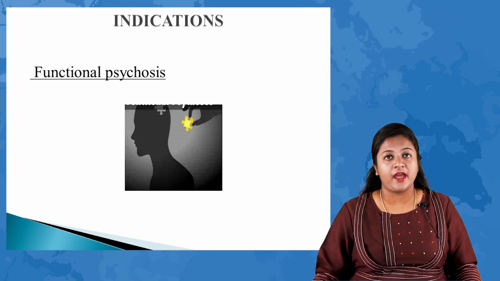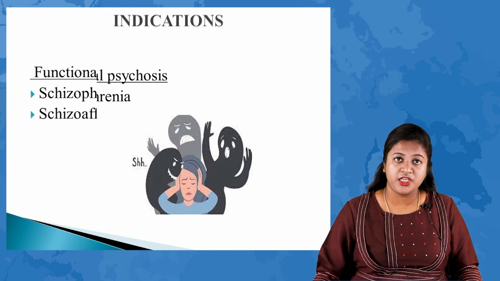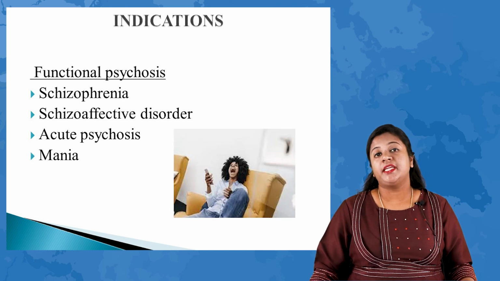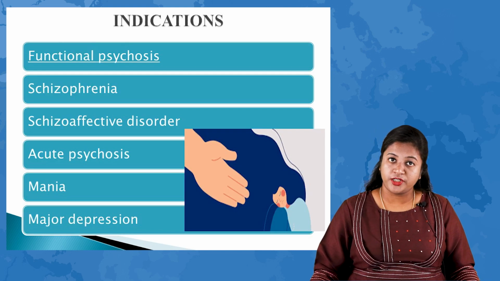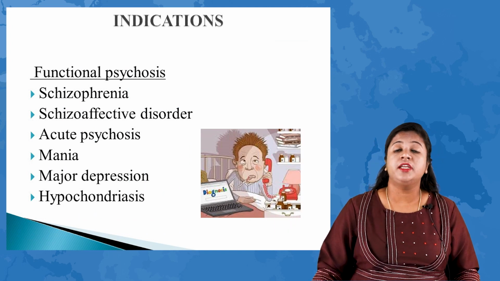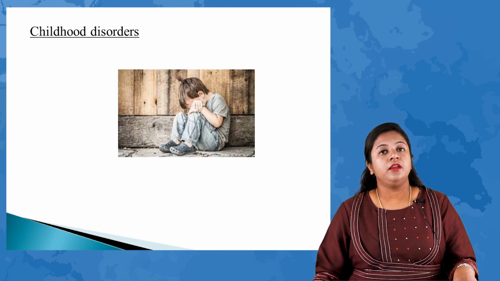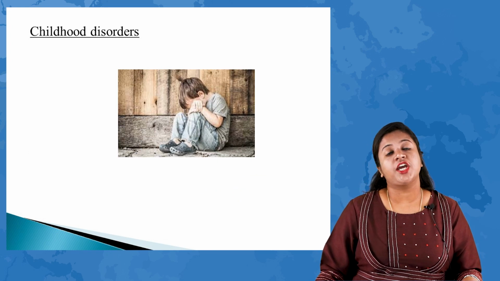Number one, the schizophrenic conditions, schizoaffective disorders, acute psychosis, mania, as well as major depression. It can also be given in cases of hypochondriasis. The next one, the indications we have in childhood disorders.